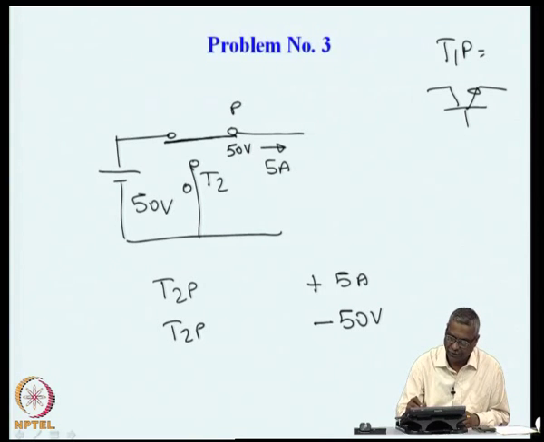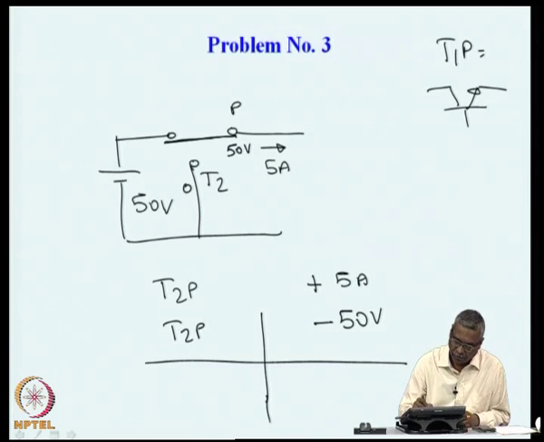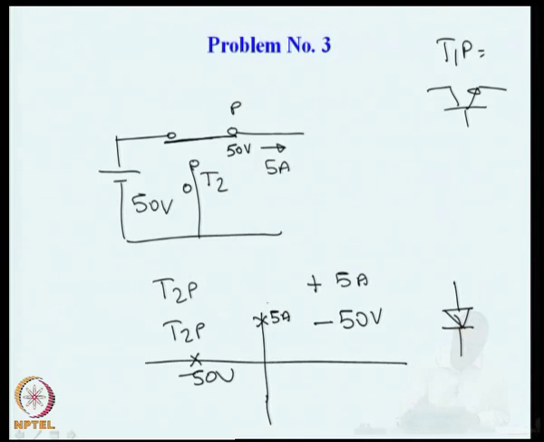So, what we see here is that the switch conducts positive current 5 amperes, blocks negative voltage minus 50 volts, and such a device is a diode. Diode has a characteristic of this nature. So, this is what we would call for T2P.